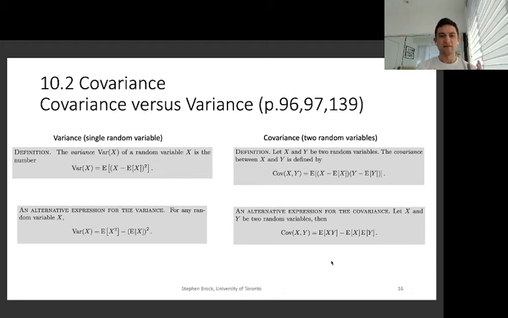So we're looking at the variance between two variables instead of the variance within one variable. Okay, so hopefully that makes sense. It's important to recognize the similarity between both of the expressions.